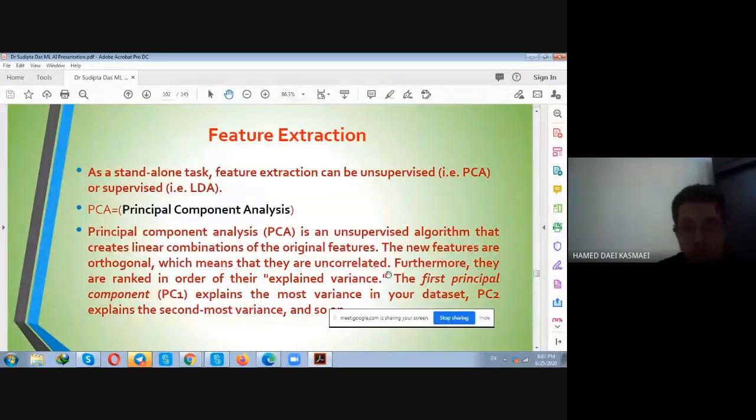Furthermore, they are ranked in order of explained variance in statistical analysis. The first principal component, PC1, explains the most variance in your data set, and PC2 explains the second most variance, and so on.